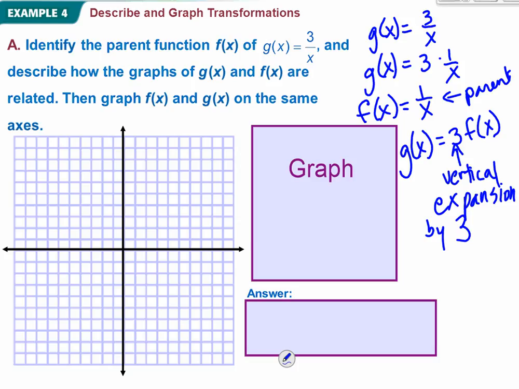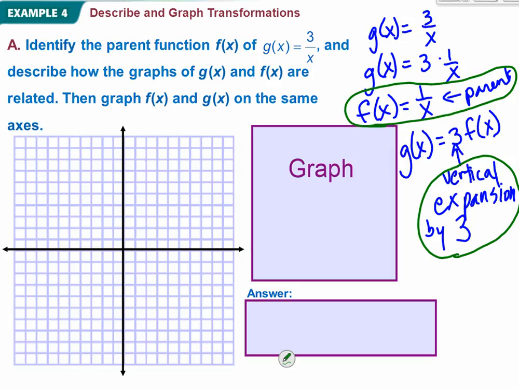And so this is what's happening. We want to say if it's vertical or horizontal, and we want to say if it's an expansion or a compression, and by what factor. And this is a factor now, because think about the fact that it's a multiplication problem as we look at that. So we identified the parent, and make sure you know where the pieces of the answer are. We identified the parent, and we have to describe how the graphs are related.